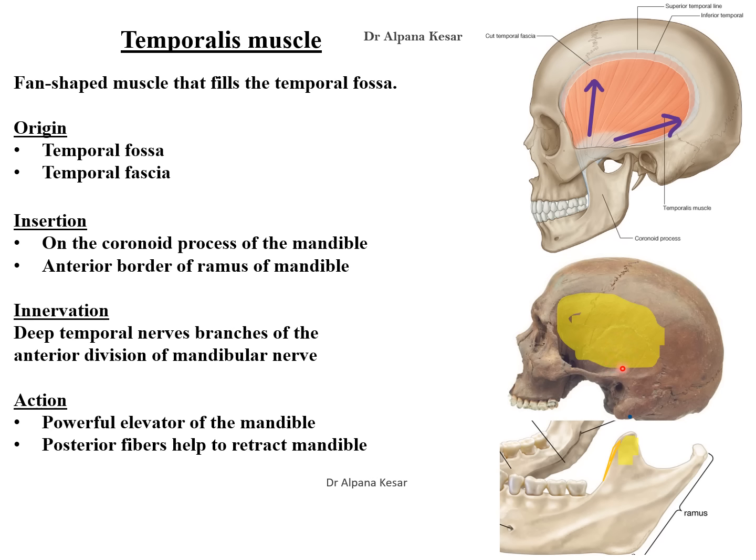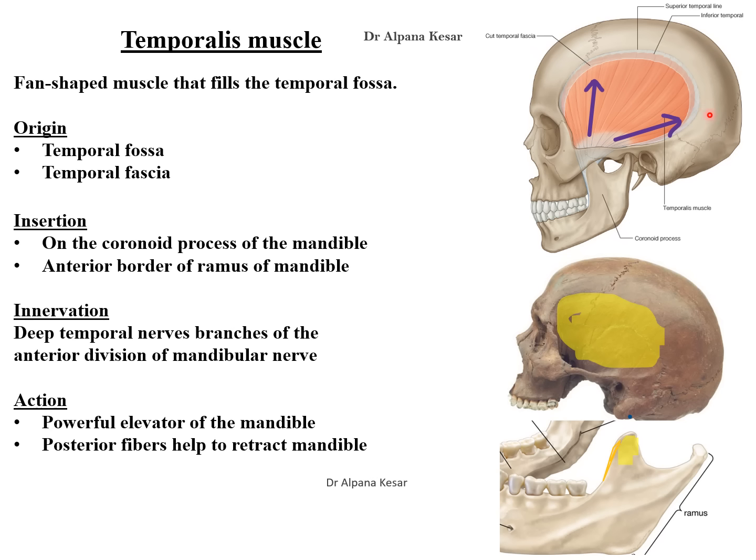The insertion of temporalis muscle is in the coronoid process and extends down onto the anterior border of the ramus of the mandible. The nerve supply of temporalis muscle is by the deep temporal nerves, which are the branches of anterior division of mandibular nerve.